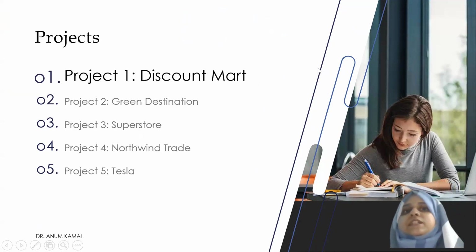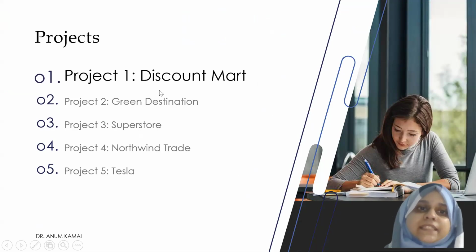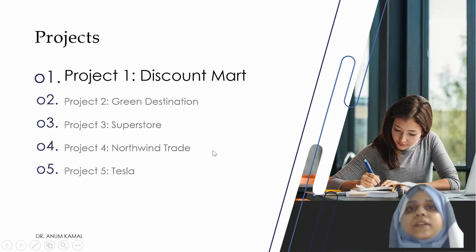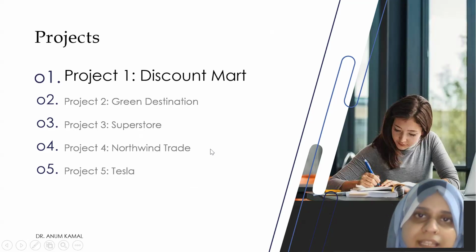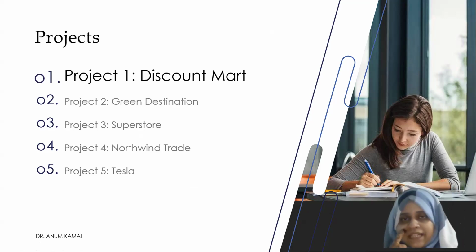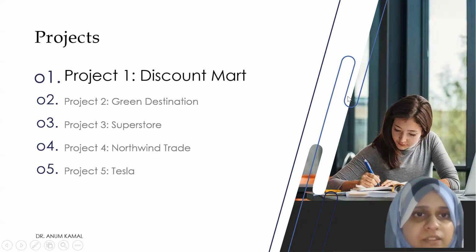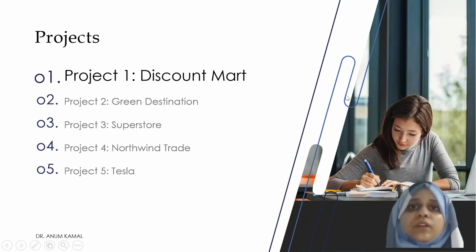The very first project we'll be working on is Discount Mart. Then we'll go for Green Destination, then Superstore. Second last we'll be doing Northwind Trade, and lastly we will be working on Tesla data sets. All the data sets will be given to you through links. I'll be sharing this PPT as a PDF as well. The links are here, so you can simply download whatever is required.